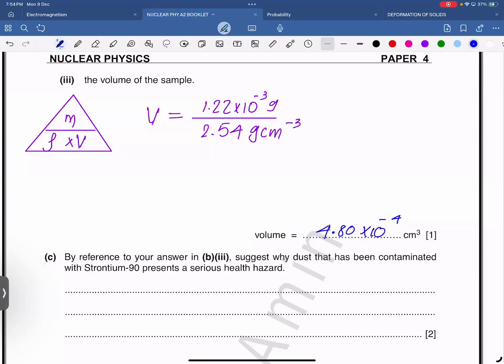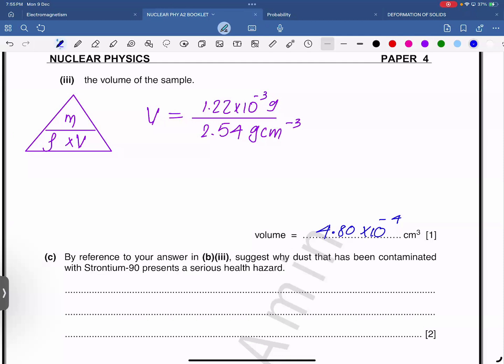Almost 10 power -4, that is 10,000. So 4 parts out of 10,000 of a centimeter cube. How much is this volume, my dear? A very small volume, a tiny volume. If you make 10,000 parts of a centimeter cube, these are only about 5 parts, right? Yes or no?